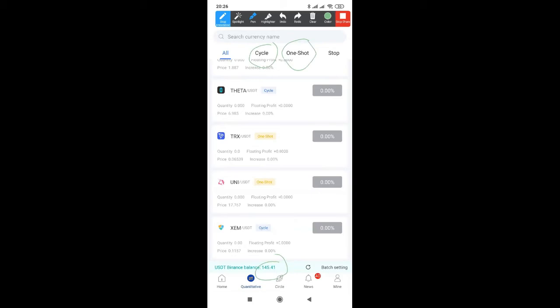When it sells for you and takes profit, it will automatically buy at a good entry, sell, come down, sell, buy, and it is non-stop because it's already a loop. So it is a continuous loop of buying and selling and you're making profit. And this is very good.